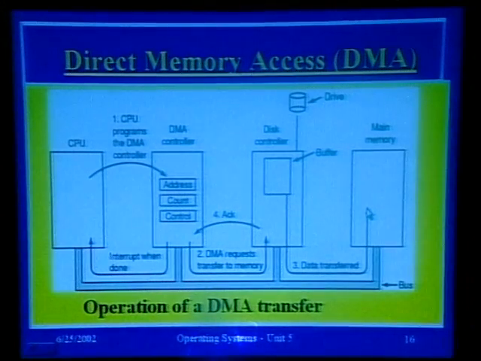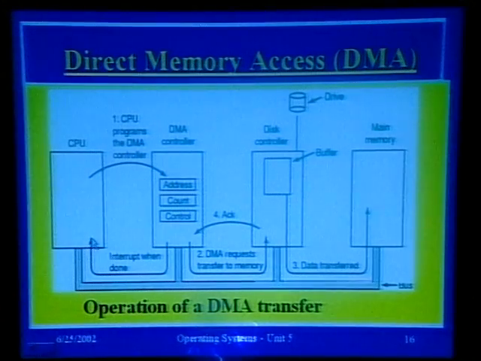And once it's read, the disk controller sends the acknowledgement to the DMA controller. And when the acknowledgement is received, the DMA controller interrupts the CPU that the requested information has been placed in the memory.